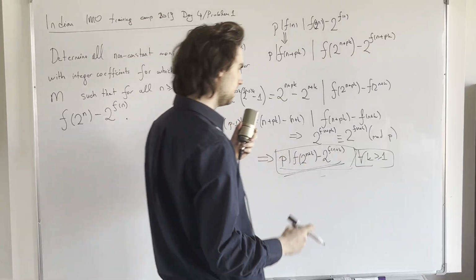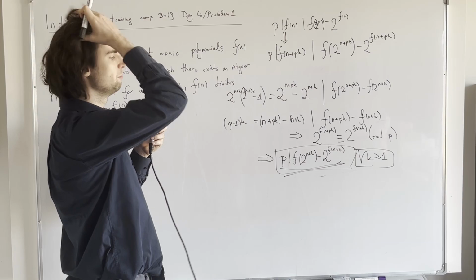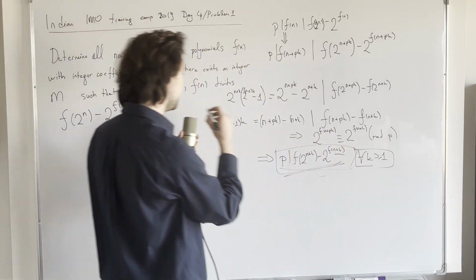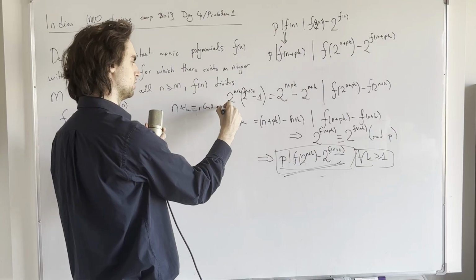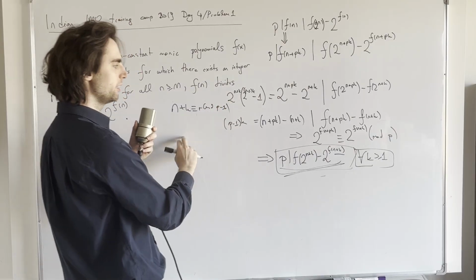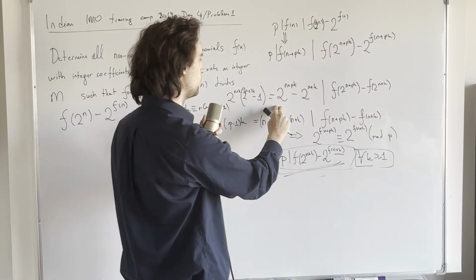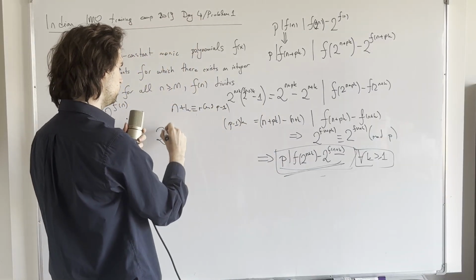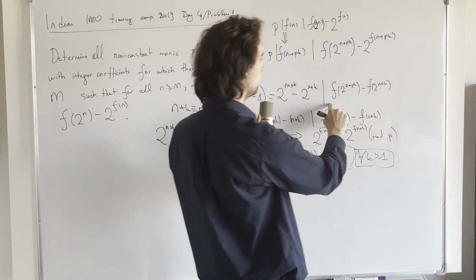Because, for example, let's say that n plus k is congruent to r modulo p minus 1. Okay? Then we know, what do we do here? We did 2 to the n plus k minus 2 to the r divides this.